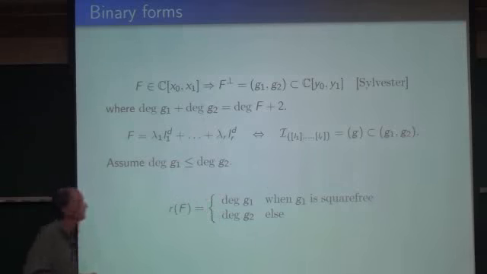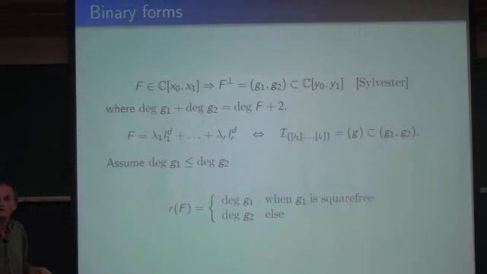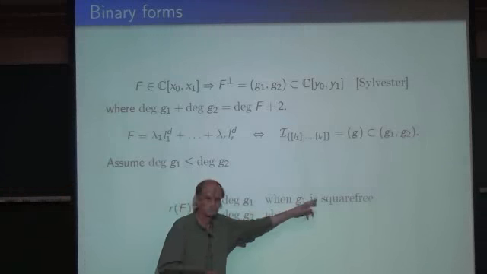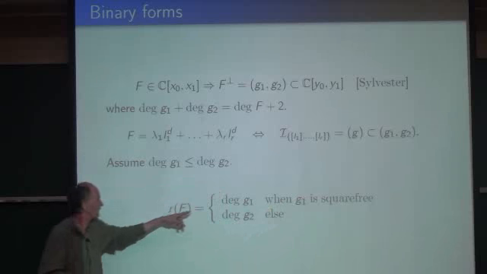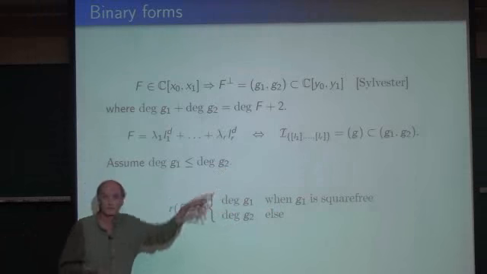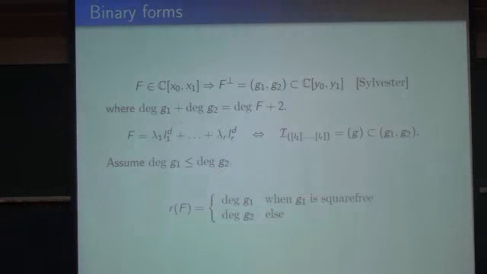But if you take that, then you might be unlucky. Maybe that smallest degree is not square free. If it is square free, that's the rank. If it's not square free, then you have to go to the next one. So this was all described carefully by Sylvester in the 1850s.